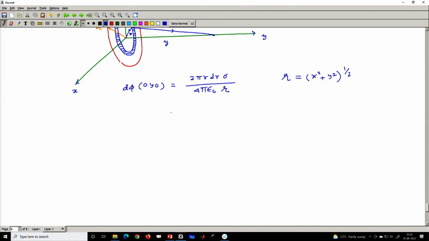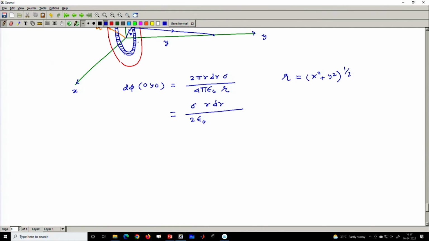I can simply write this in terms of the value. So, 2 pi and 4 pi will cancel out, and I can simplify it. It is sigma r dr divided by 2 epsilon 0 and the distance.